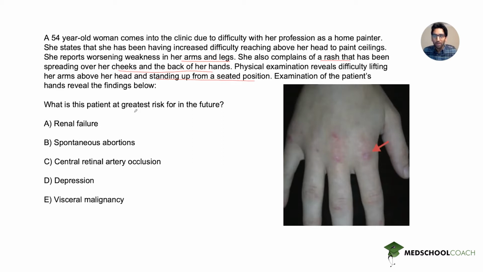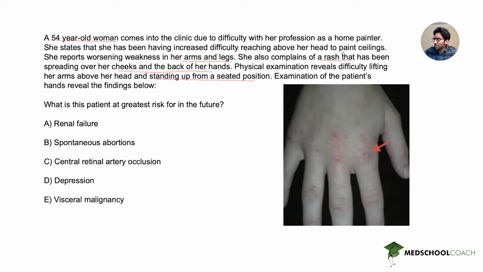All right, welcome back. We'll start going to the answer choices now, from A to E, and work through what they're getting after and what each answer choice is referring to. So in summation, this is a 54-year-old woman coming into clinic. It seems like she has some proximal muscle weakness, based on difficulty reaching above her head using her shoulder muscles, as well as difficulty standing up from a seated position using her proximal quadricep muscles.